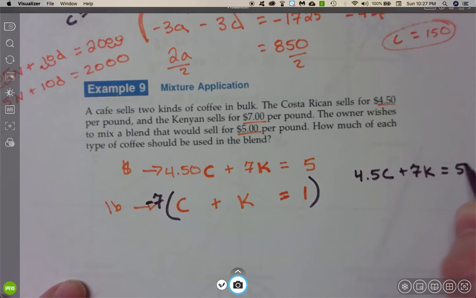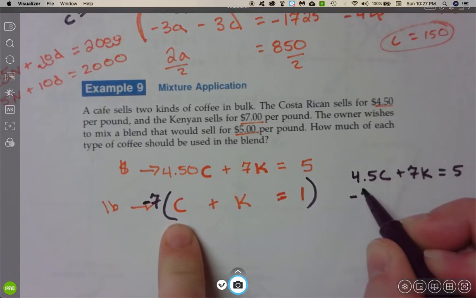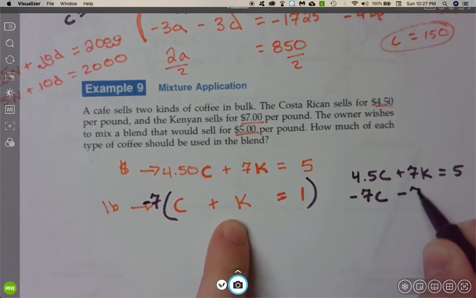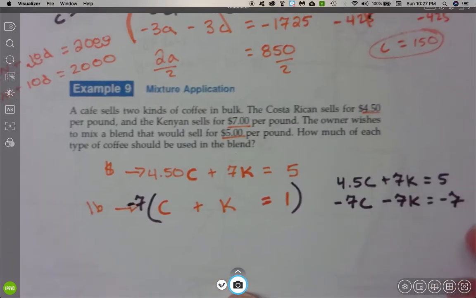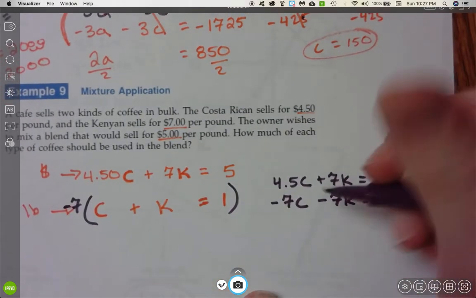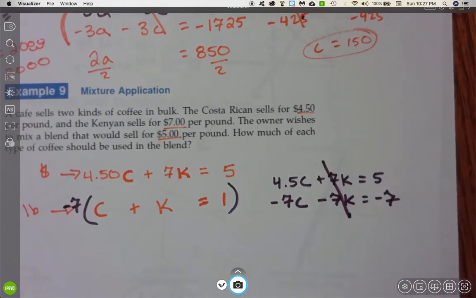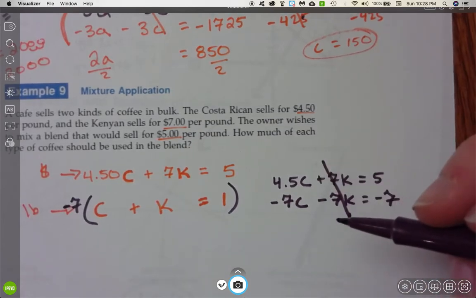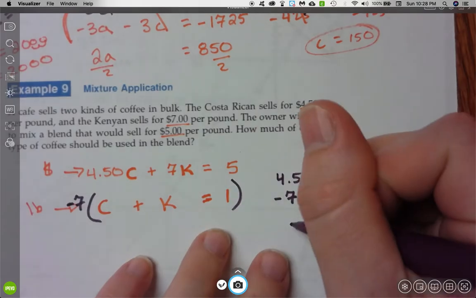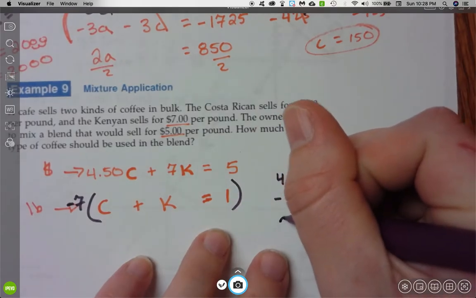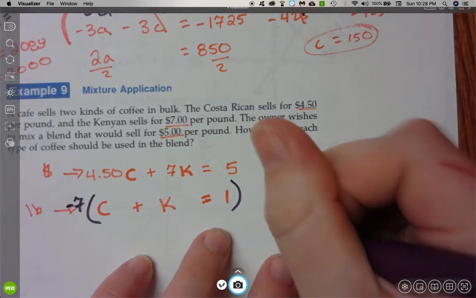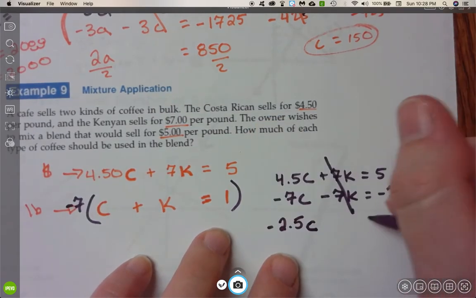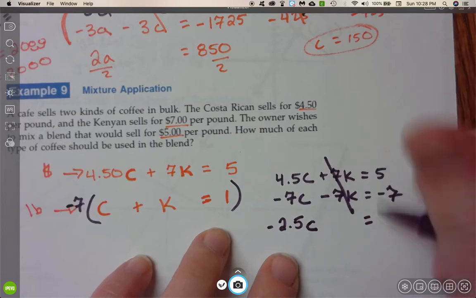And distributing through, we have -7C minus 7K equals -7. I think we're going to end up doing fractions no matter what. So that's going to cancel out. 4.5 minus 7 is going to be negative 2.5C, equals 5 minus 7, which is -2.